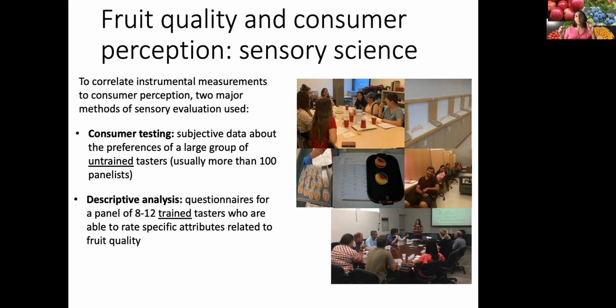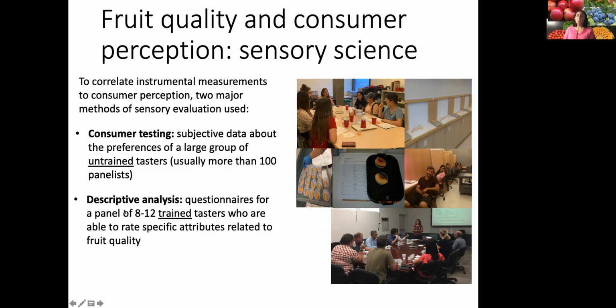When we talk about a firm texture peach, if I ask each one of you, you are going to give me a different definition of what a firm peach is and what is a soft peach. But here what we try to do is that everybody is on the same page and they are thinking about the same type of firmness when we are talking about a firm peach, or a medium firm, or a highly firm, or a soft peach, etc., okay?